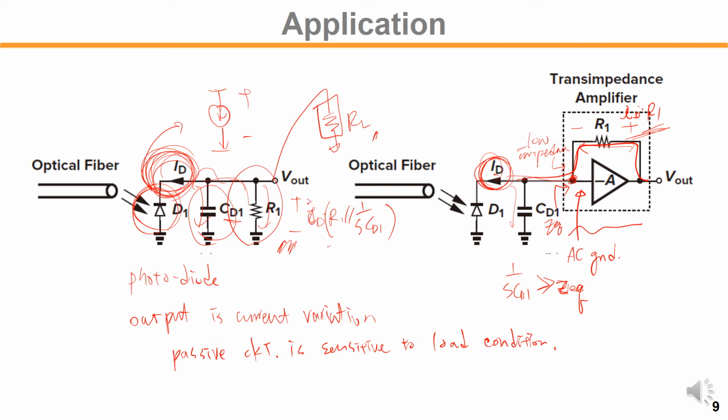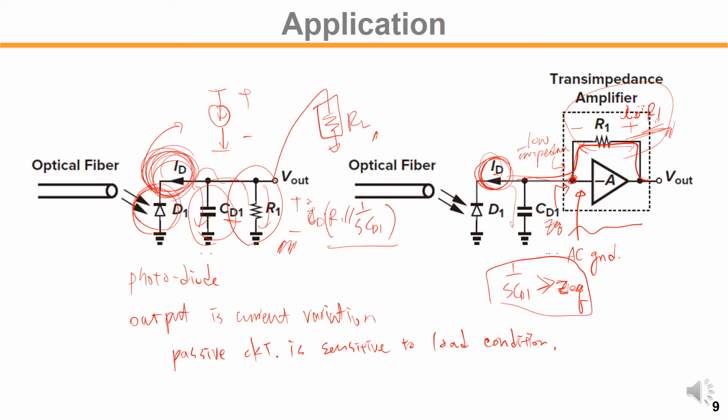So on the left hand side it was ID times R1 in parallel with 1 over SCD1. On the right hand side, the change will be set by R1. So ID times R1 would be the output response regardless of the CD1.